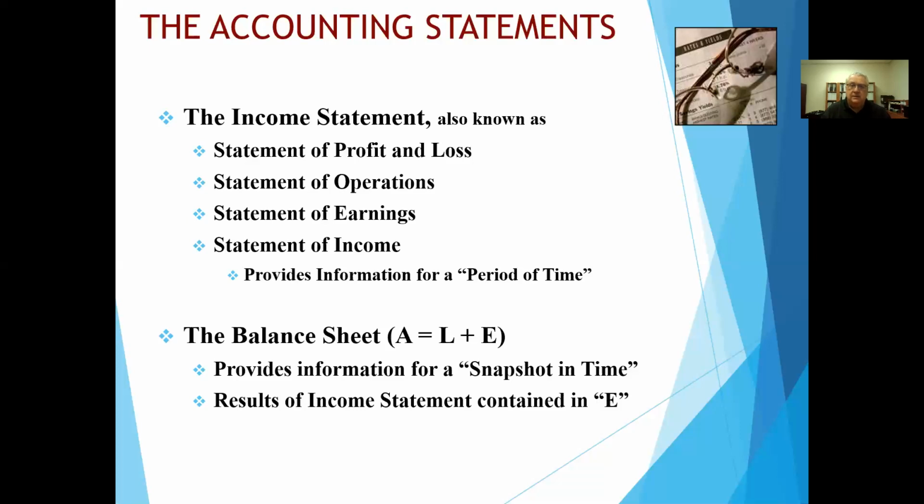And the income statement tells you how you're doing within a period of time. Usually 1 year, can be a month, can be a quarter, but usually 1 year, about how much revenue the organization has captured and how many expenses it's paid out and whether or not there's a profit or loss. It's called all kinds of different titles. I prefer statement of profit and loss because it really tells you what it is, just like I prefer the term balance sheet.